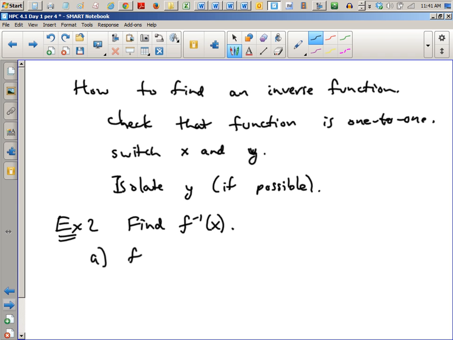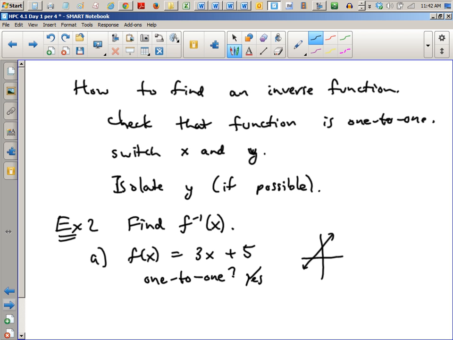So let's say you're given f of x is equal to 3x plus 5. Okay, first you want to verify that it is 1 to 1. It is. It's definitely 1 to 1 because if you graph it, it looks something like this. It passes the HLT, it passes the VLT. It's certainly 1 to 1. Okay, so 1 to 1. Check. Yes, it is. That's a yes check.